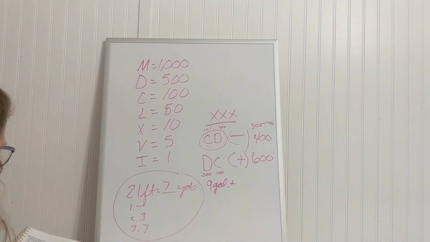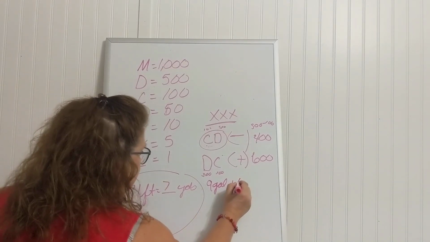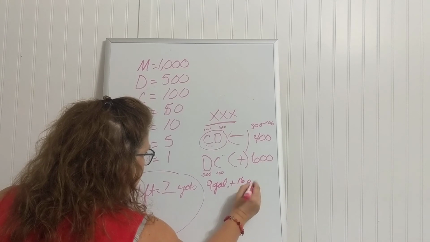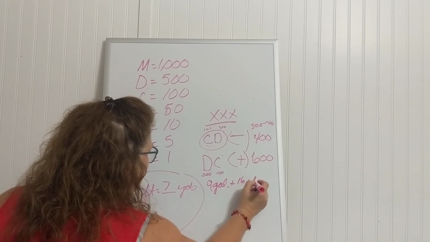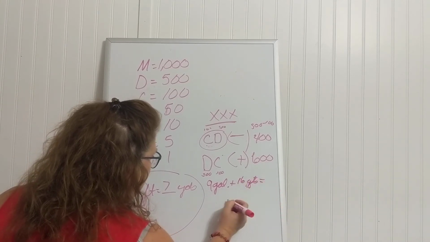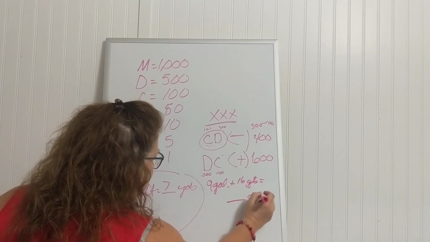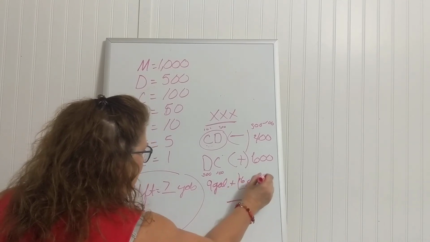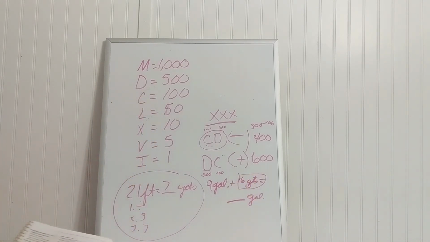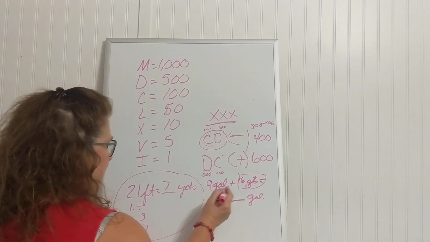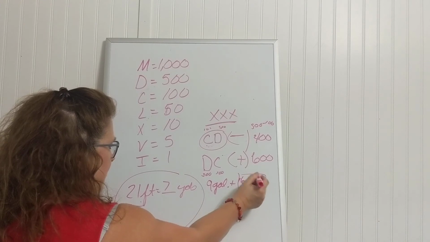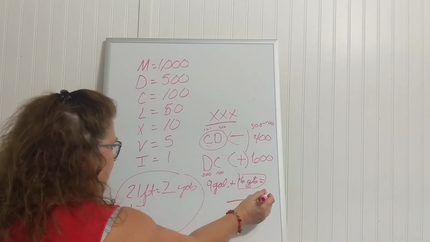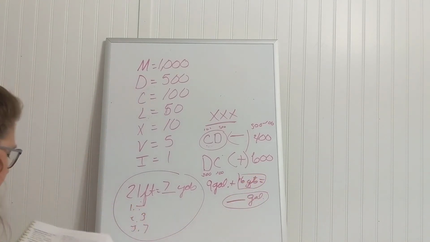Shelby brought 16 quarts. And they ask us how many gallons the girls brought equals blank gallons. So you're going to have to take your 16 quarts and convert that into gallons. And then you'll add your 9 gallons plus your gallons that you converted over here, and that will be your answer, okay?